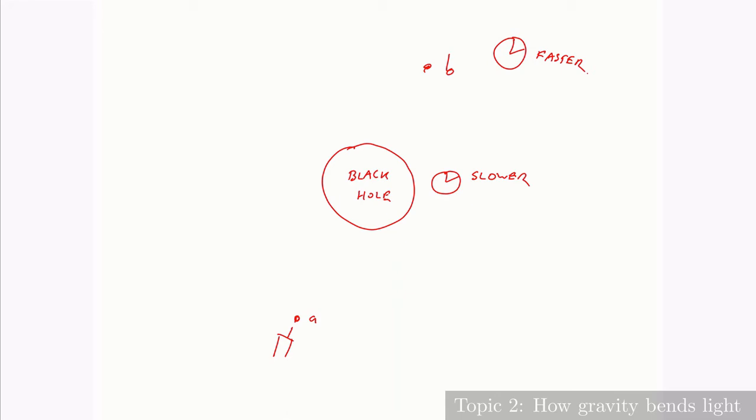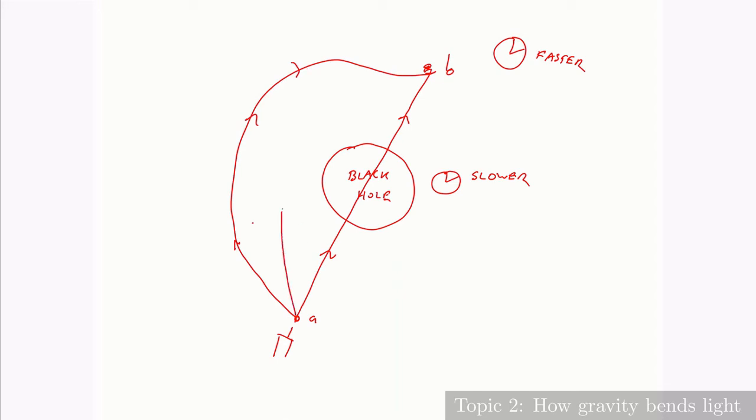So the clock's ticking slower. What that means is that time appears to be passing more slowly close to the black hole, which means that light would appear to travel more slowly. So if we look at light going from A to B, if it goes in a straight line, this is bad news because it has to go through the black hole, which seems to take a long time. It could, of course, avoid the black hole completely, but then that's too far and that takes ages as well. So just like with the sugar solution, light, again, is bent into this curve, which is some in-between, some optimal path.